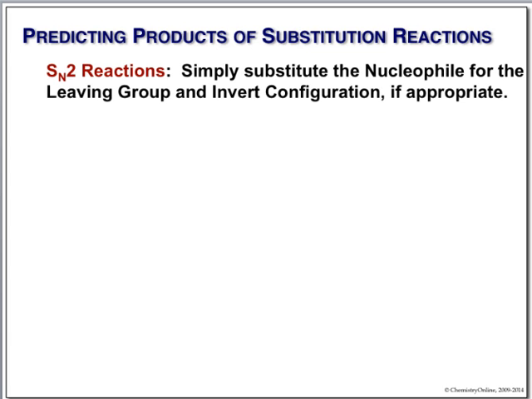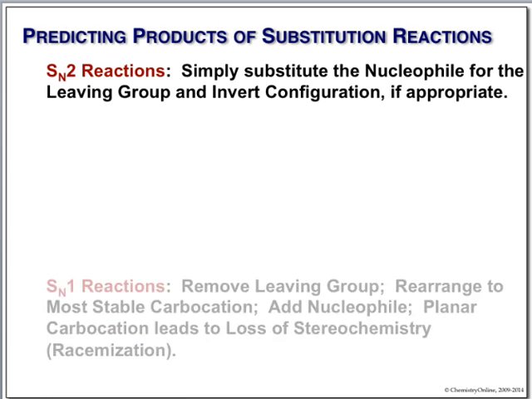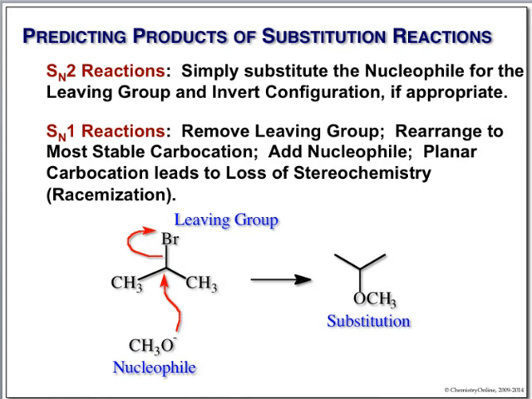This is going to happen with primary and sometimes secondary centers. If you have an SN1, remember, you lose the leaving group first, rearrange it, add your nucleophile, and remember, if you had stereochemistry, it all goes away. This is the classic SN2: nucleophile, leaving group, electrophile, and there's a substitution product.